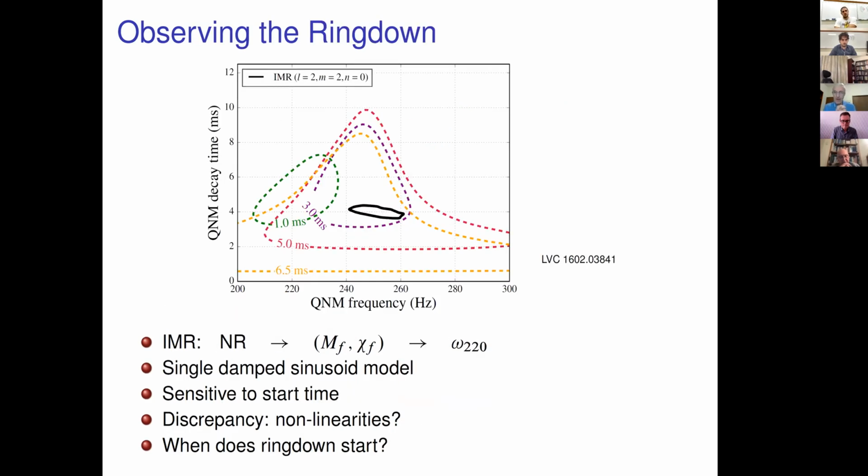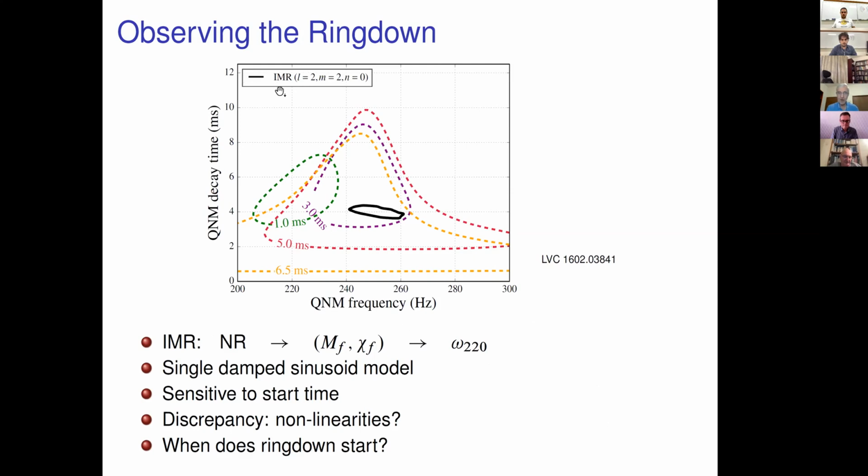Okay, so let's go back to this first detection by the LIGO Virgo collaboration. Here's this consistency test that I described. Here's a plot of the frequency of the mode on the horizontal axis and the decay time on the vertical axis. The black oval region in the middle comes from their full fit.